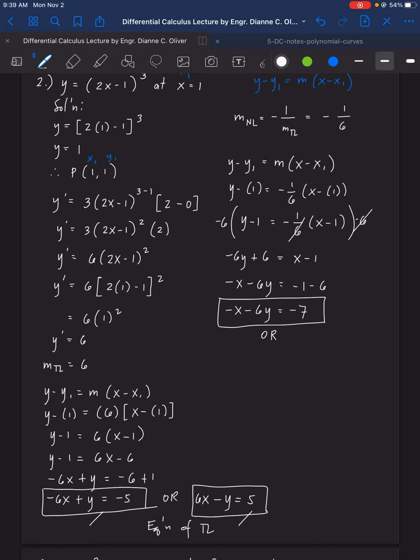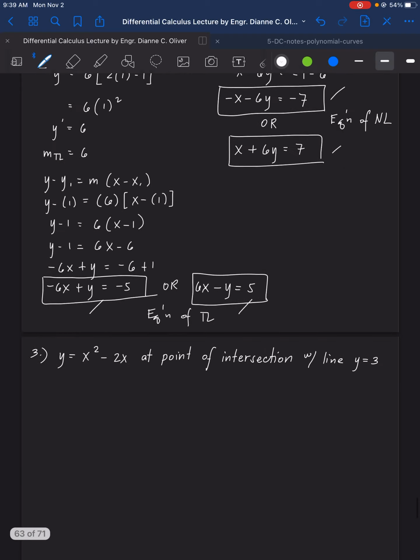Or you can have x plus 6y equals 7. Just distributed the negative sign. So whichever is your answer with these two, still it is the equation of the normal line. Okay, so we can have two answers, but they're still the same equation. Next, let's solve example number 3.